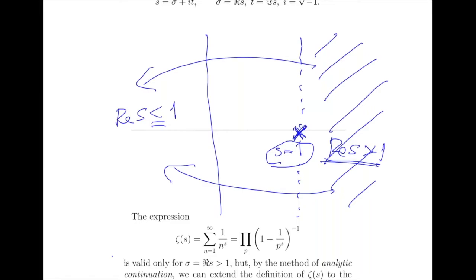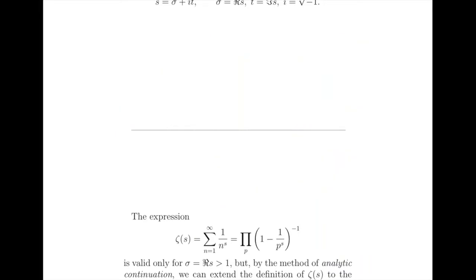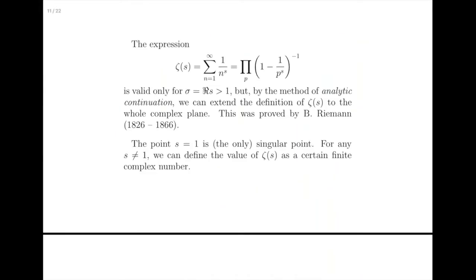By using this technique, we know that the point s equal to 1 is the only point where the zeta function is not finite. This is called the singular point.